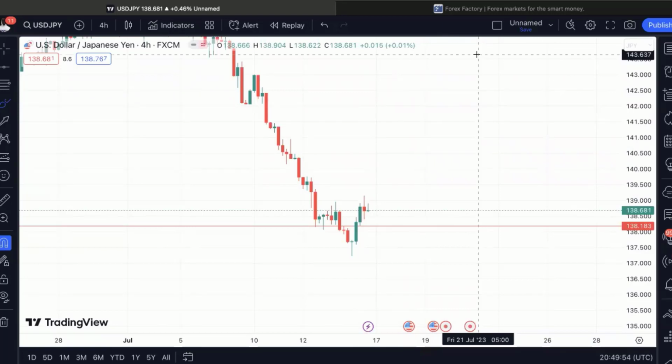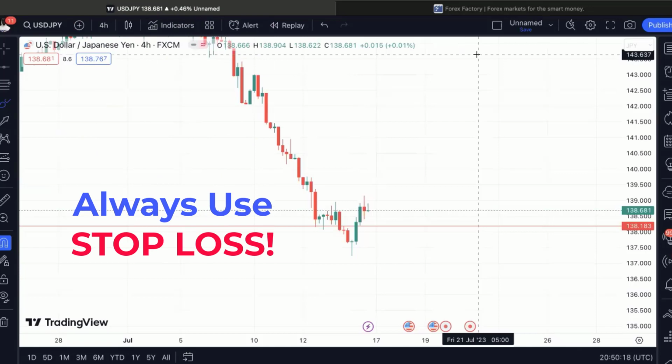So for next week, you can decide to say, okay, I want to make $2,000, I want to make $200, I want to make $500. This is what I want to risk. You calculate your position size. You know where you want to put your lot size. And that puts you on a pedestal of profit. Always use stop loss.